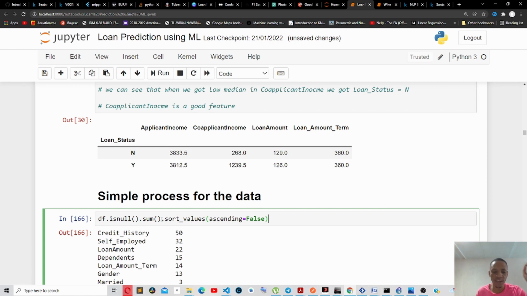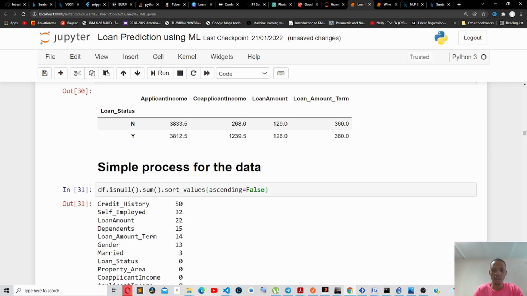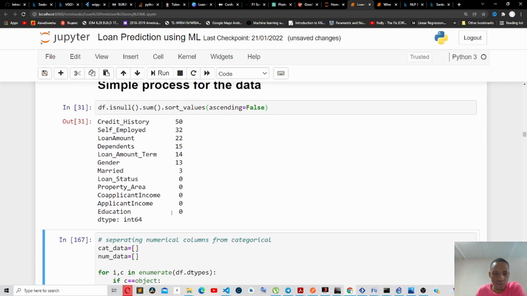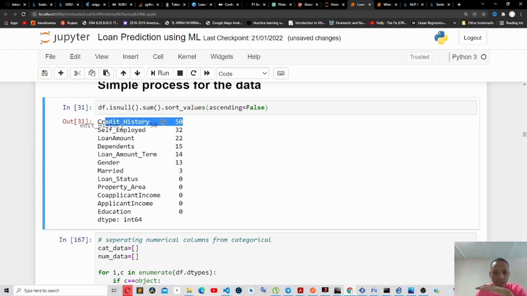We are going to check for null values, and then sort them. As you can see, we have null values on credit history. We have 50 null values on credit history, 32 on self-employed, 22 on loan amount, 15 on dependents, 14 on loan amount term.